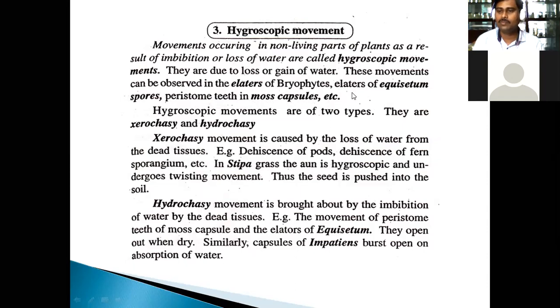हे तुम्ही सगळं लोअर प्लांट स्टडी मध्ये केलं असेल, तुम्हाला माहिती आहे. So all these show hygroscopic movement. These are of two types, that is xerochasy and hydrochasy. Xerochasy means movement caused by loss of water, and hydrochasy means movement brought about by the imbibition of water. जेव्हा स्वेलिंग अप होईल त्याला म्हणणार हायड्रोकेसी, आणि जेव्हा लॉस ऑफ वॉटर होईल, ड्राय होईल, then dehiscence of pod, dehiscence of sporangium, particularly showing dehiscence of fruit and seed capsule.